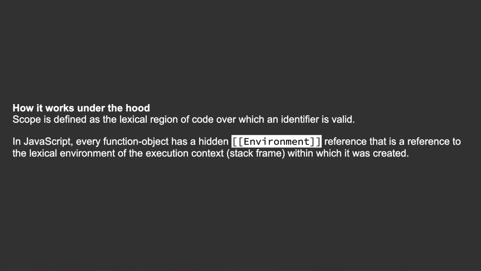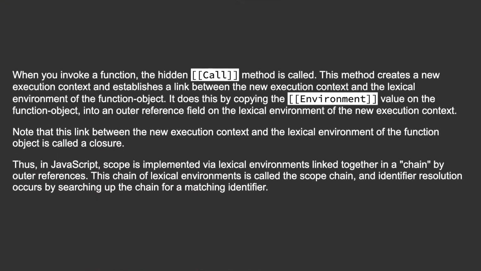How it works under the hood. Scope is defined as the lexical region of code over which an identifier is valid. In JavaScript, every function object has a hidden environment reference that is a reference to the lexical environment of the execution context, stack frame, within which it was created. When you invoke a function, the hidden call method is called. This method creates a new execution context and establishes a link between the new execution context and the lexical environment of the function object.